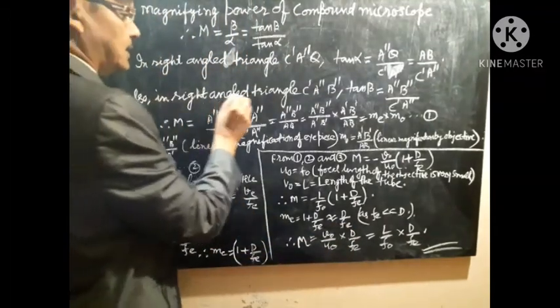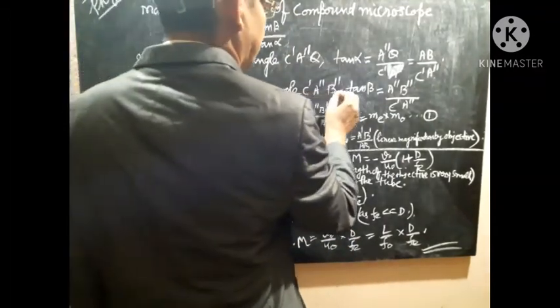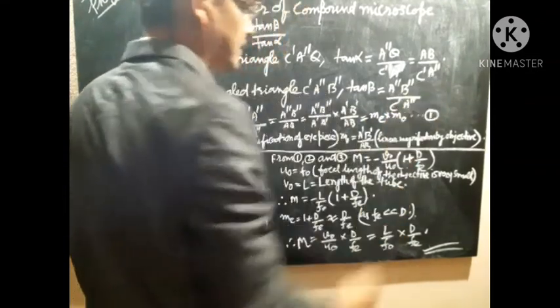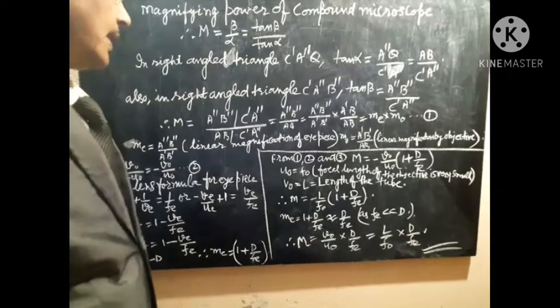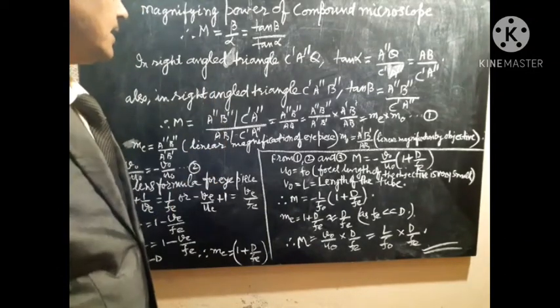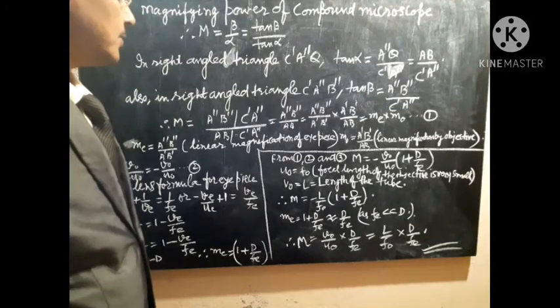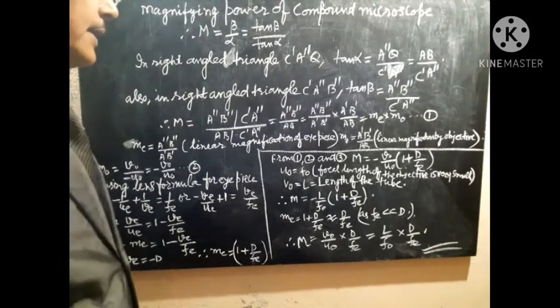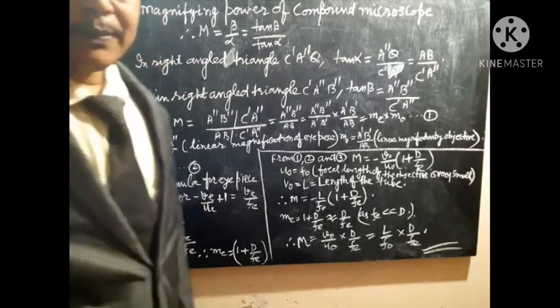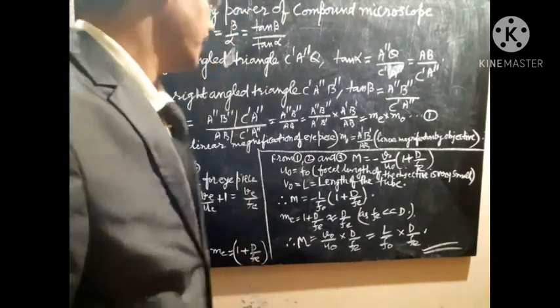Also in right angled triangle C dash A double dash B double dash, tan beta is equal to A double dash B double dash by C dash A double dash. In both cases you will take tan alpha and tan beta.